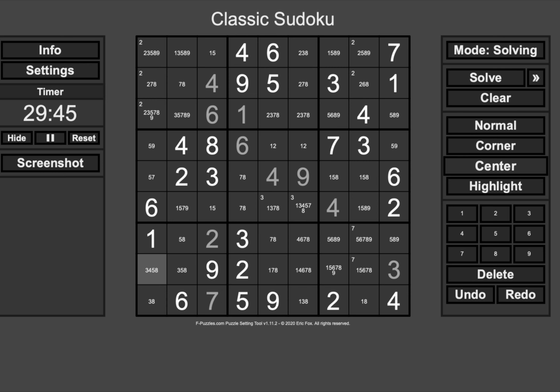Okay, that's not 2. 12679 indeed says these are 3, 4, 5, 8 in some order. This one could be any. It can be 4 or 5.